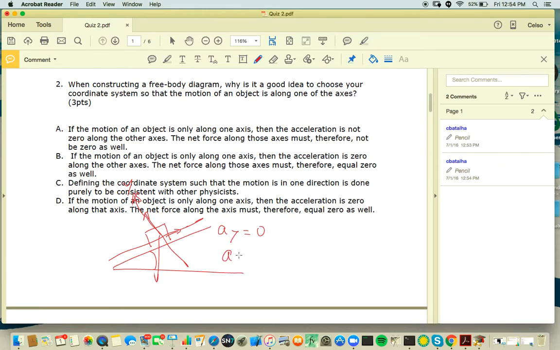The motion is only in the x direction, so the acceleration is equal to the net force in x divided by the mass. So it makes the problem more treatable and easier if you choose that way. So again, if you know the direction of motion, just set one axis there. Automatically all the net force along the perpendicular, or normal, direction should cancel out.